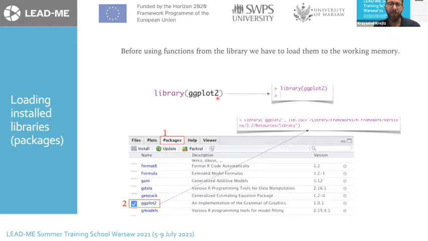You already know this function, library, and in brackets, you give the name of the package you want to load. Or you can go to packages again, search the list of installed packages and check the box next to the name you want to load. And you see in the console the execution of this function. Checking this button executes the function library(ggplot2).